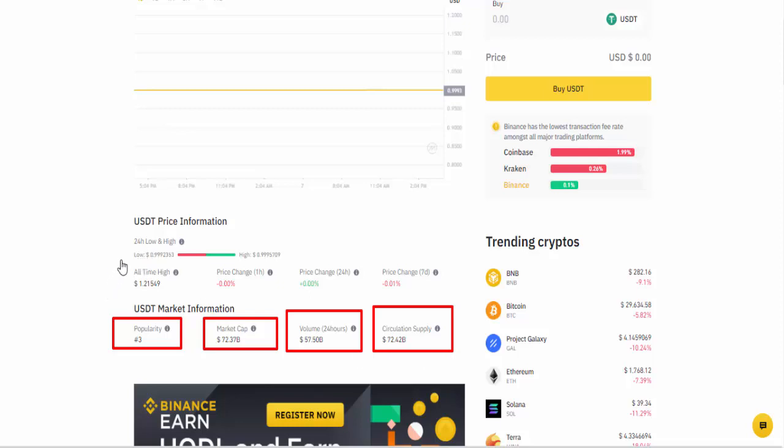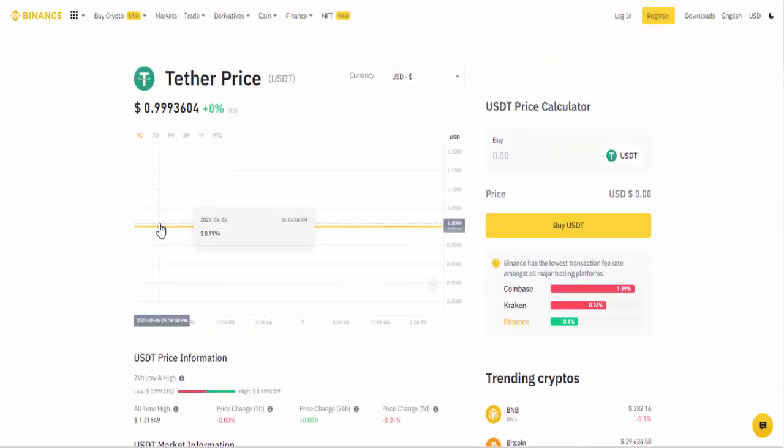The all-time high of this coin is 1.21549, which is quite high, but most commonly this coin remains stable. As you can check out on this graph, let me show you. This is the last 28 days graph of this coin.